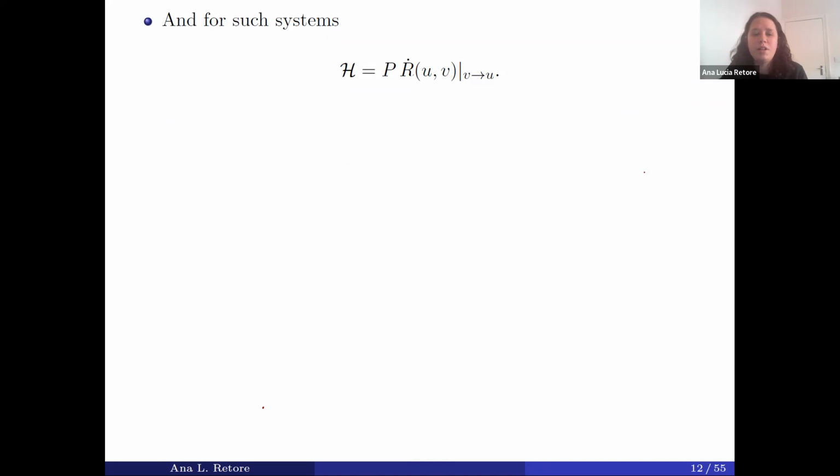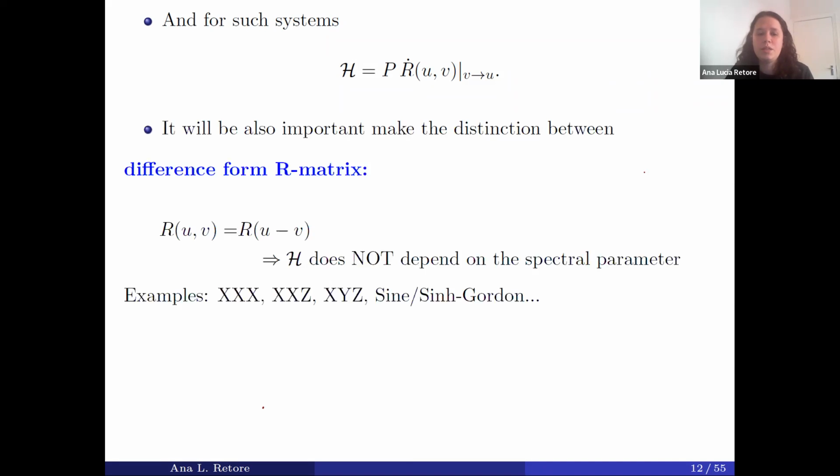But there is a very important distinction here, and this is related to the two parameters. You have two types of R-matrices. One is called the difference form, and for this type, R of u and v you can write as R of the difference, u minus v. And then if you send u going to v like I did before, this becomes R of 0. That's what I mentioned.